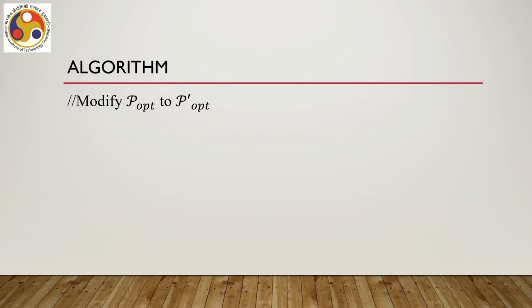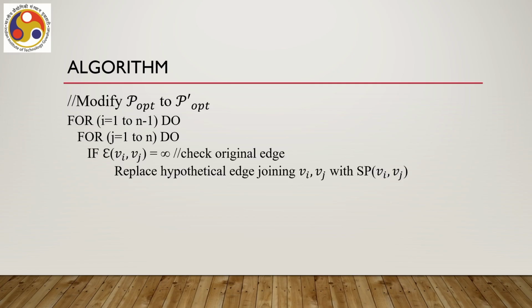Now, like before, what we need to do is modify the output to reflect the original graph. There will be edges that were not originally connected in the virtual world representation, but we introduced hypothetical edges in the form of shortest paths.